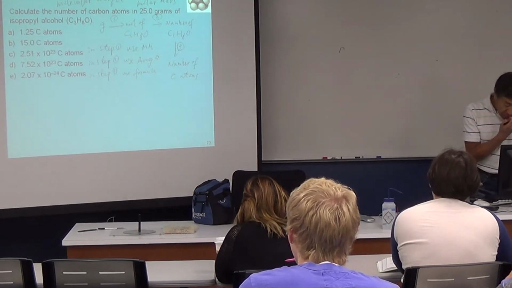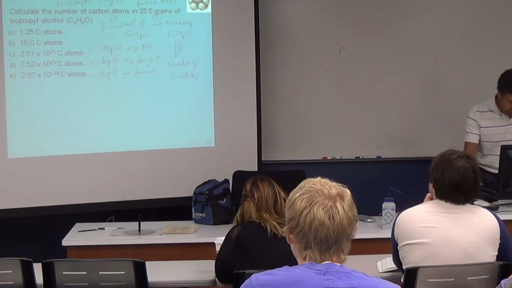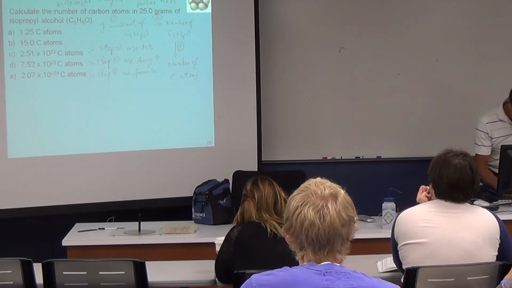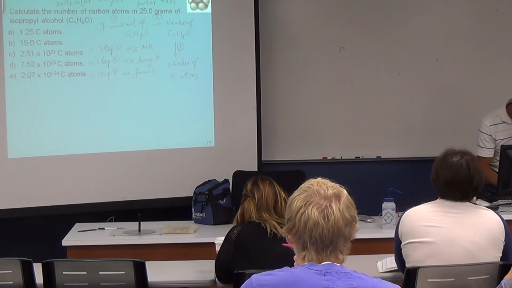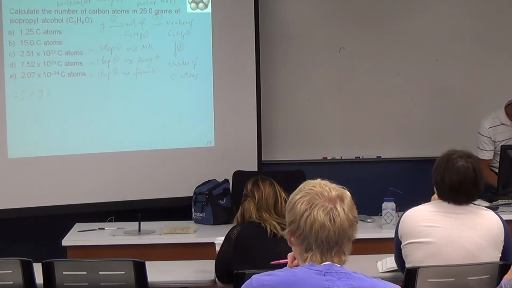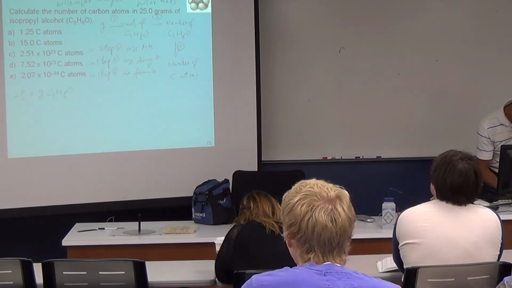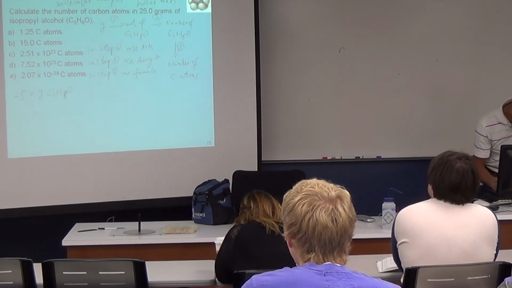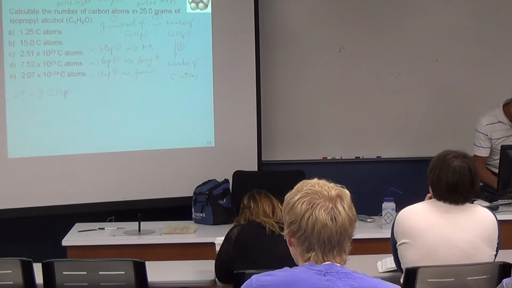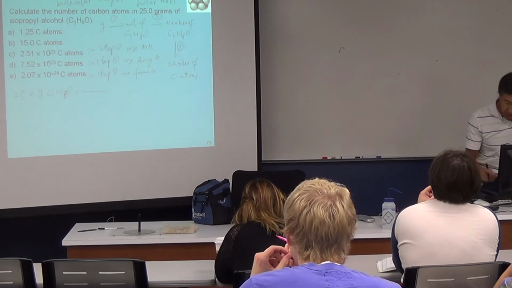Okay, so I'm going to go through these 3 steps and see how we use them explicitly. So the first step, that means you start with 25.0 gram of C3H8O. So this is the given compound C3H8O, and you use the molar mass for this compound in the calculation.